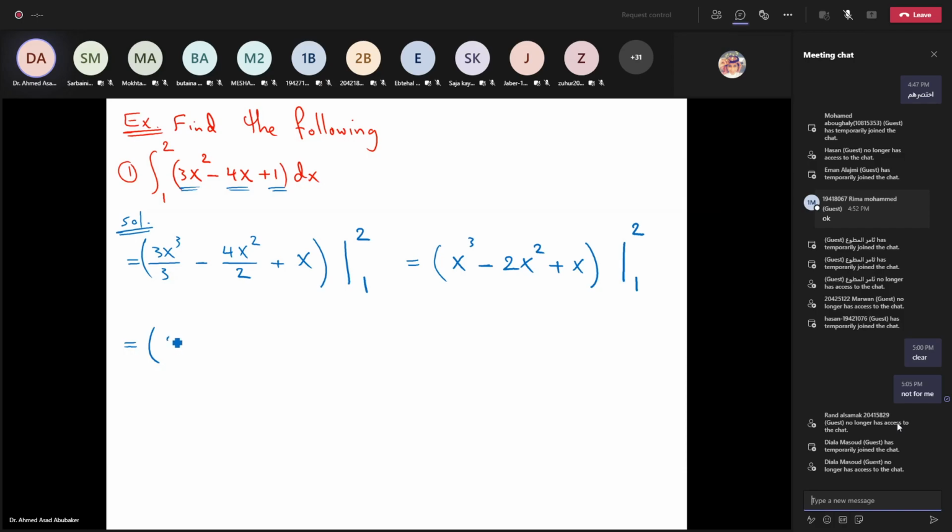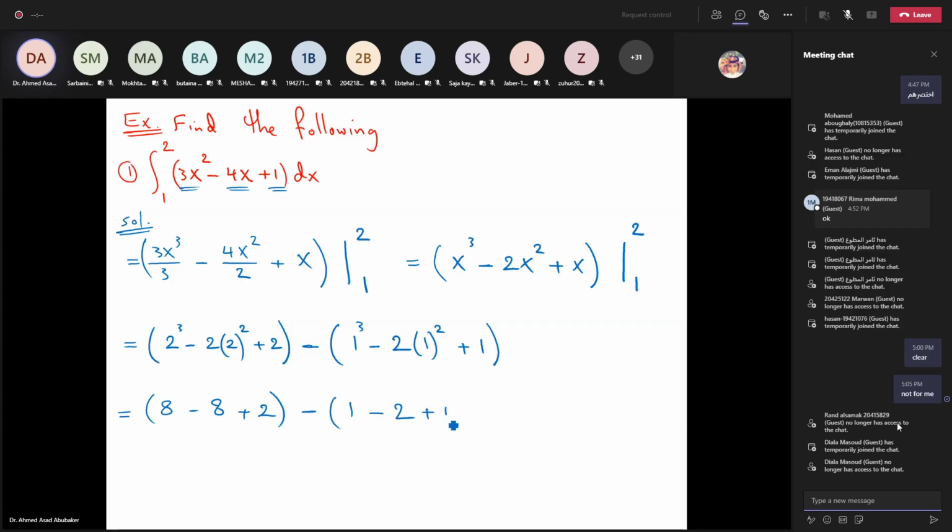After simplifying, now substitute 2 and 1. For 2, we have 2 to the power 3 minus 2 multiplied by 2 squared plus 2, minus, substituting 1, 1 to the power 3 minus 2 multiplied by 1 squared plus 1. Now find the first brackets: we have 8 minus 8 plus 2, and the second, 1 minus 2 plus 1.